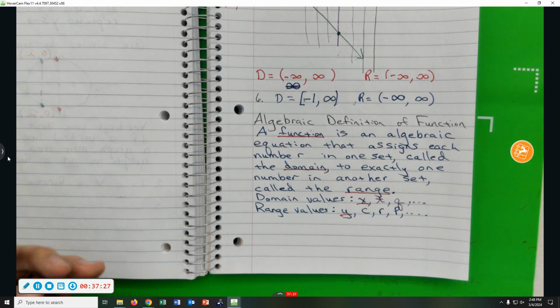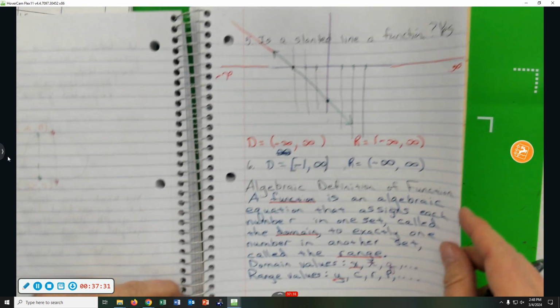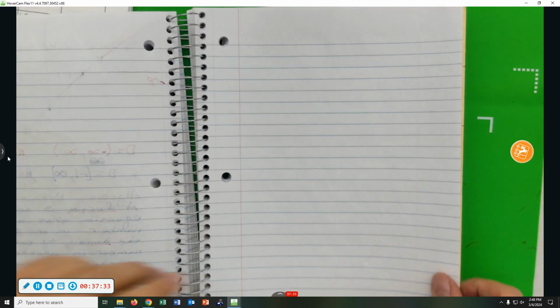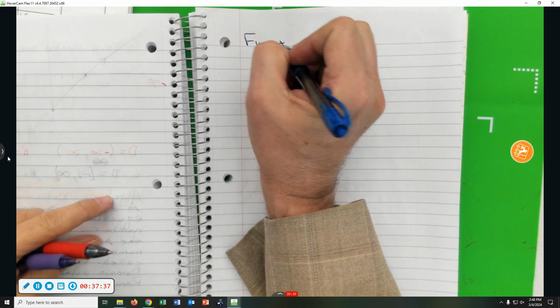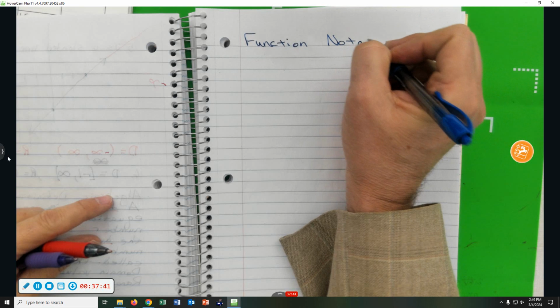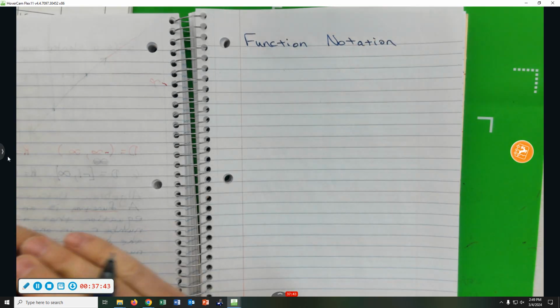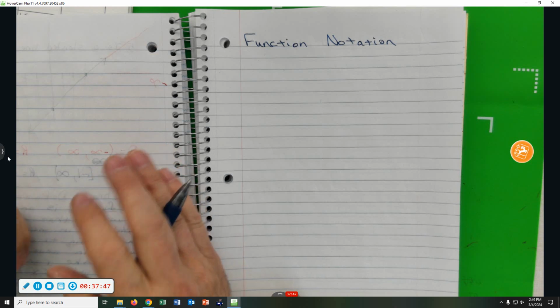There's something called function notation. With function notation, the equation has to have been solved for y first.